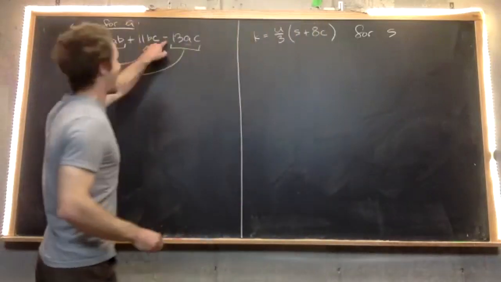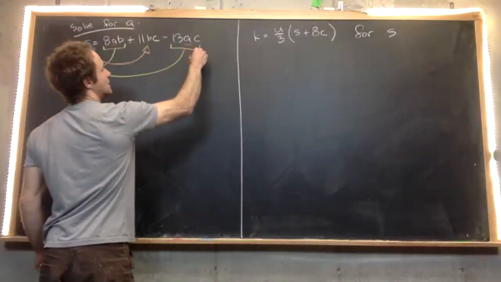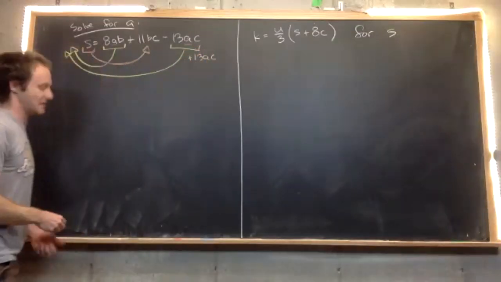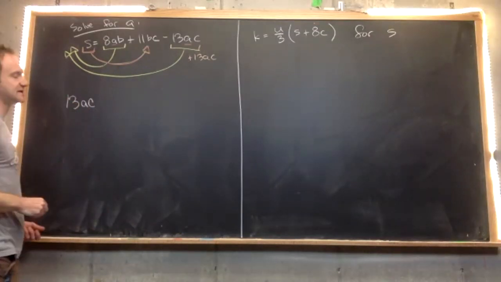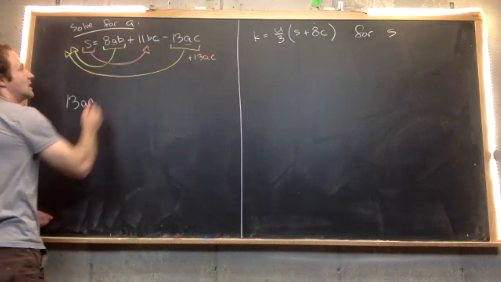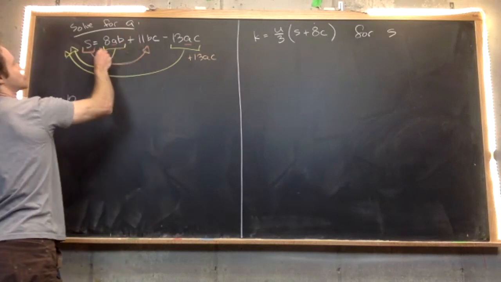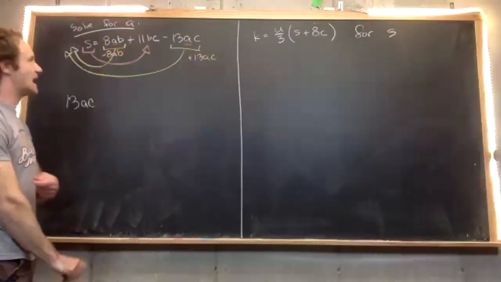So if we add 13AC to both sides, that's what we mean by moving it across. We have to add 13AC, so that's going to give us a 13A times C on the left. And then we'll subtract 8AB. So that's what it would take to move that over to the left.